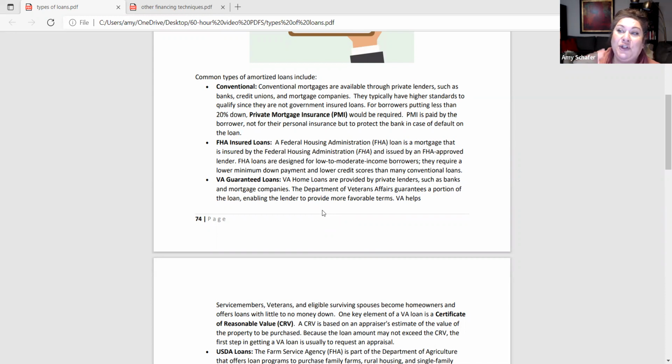but instead of going to a private provider for this mortgage insurance, the government provides it. So it's a government insured loan. The Federal Housing Administration, which is managed under HUD, Housing and Urban Development, actually provides the insurance on this. Okay.